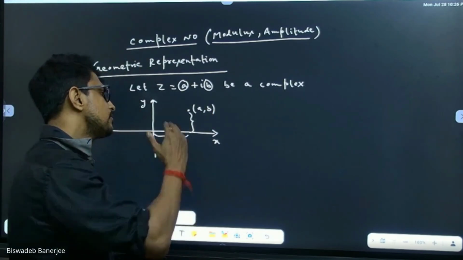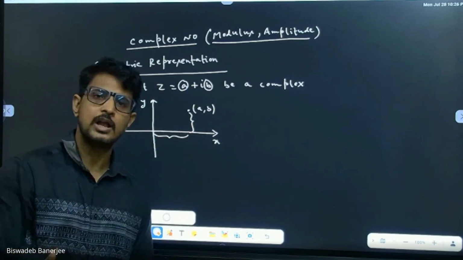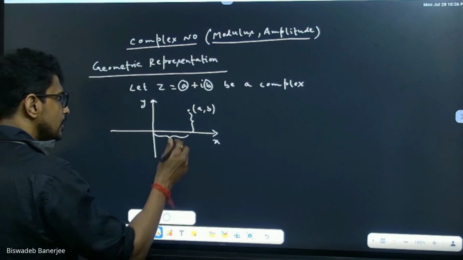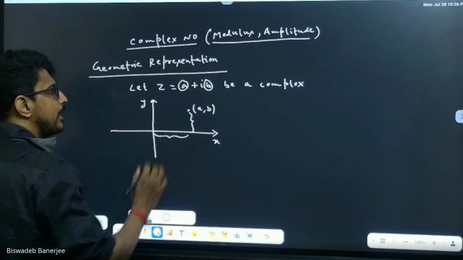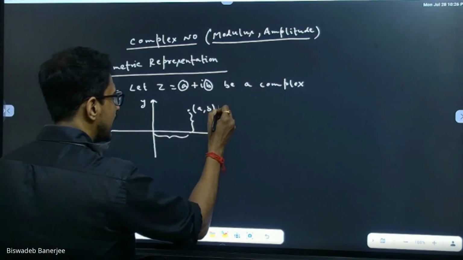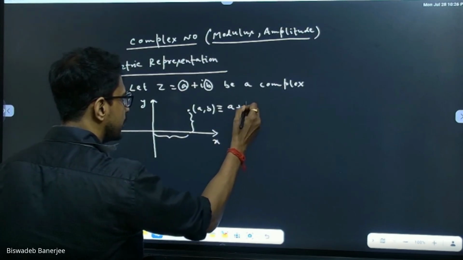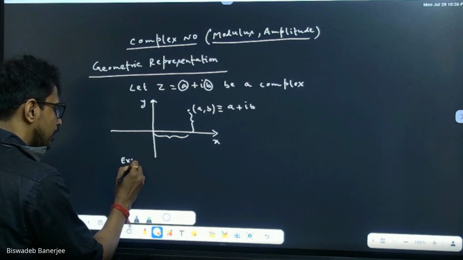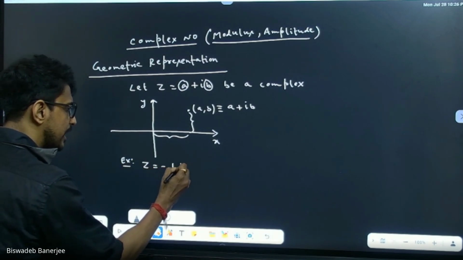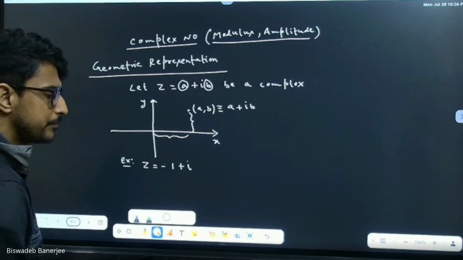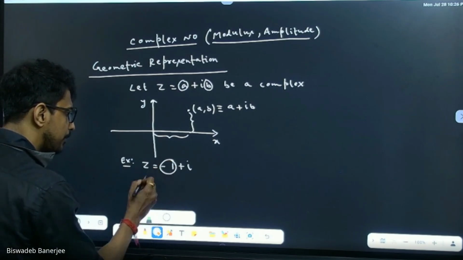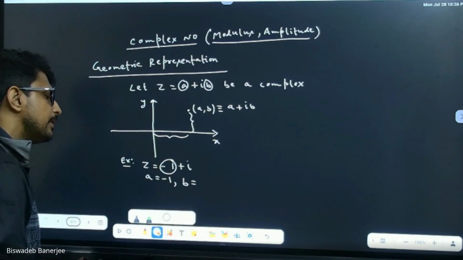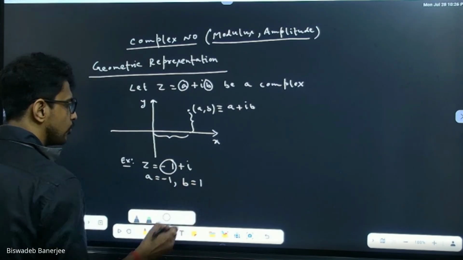So always remember, my x-axis is the real axis and my y-axis is the imaginary axis. In that case, this (a, b) will be my representation of this complex number, and this can also be written as a plus ib. For example, suppose a complex number is given as -1 plus i. If we compare, my real part a is equal to -1 and my imaginary part b is equal to +1.